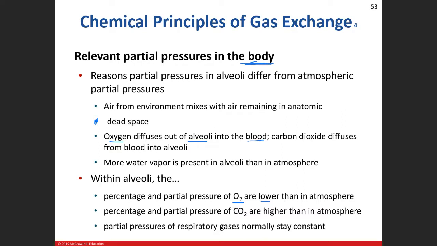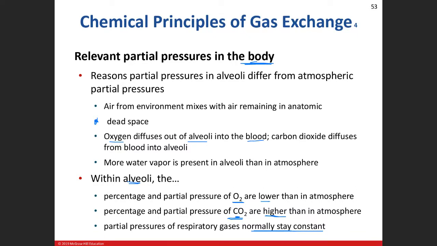And we'll see also that the partial pressure of carbon dioxide is actually higher in the alveoli than it is in the atmosphere, and we want to have that. So keep in mind, when we're dealing with the alveoli, they will normally stay constant. There are a lot of things to keep in mind, and I'll tell you when things won't be constant, and we're going to hit that in a second here.